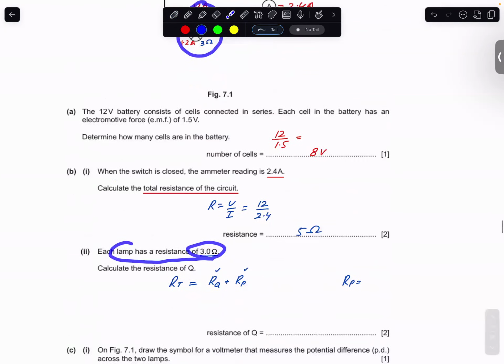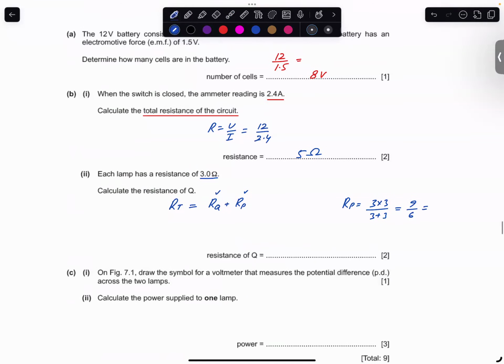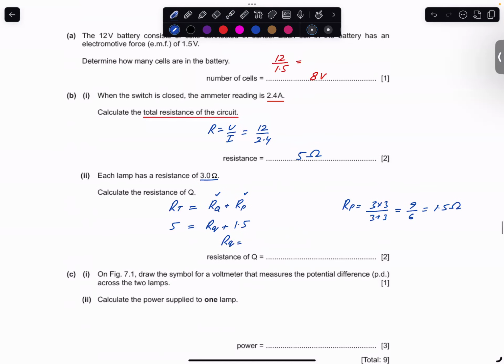So we can find the combined resistance using the formula: 3 multiplied by 3 over 3 plus 3, so 9 divided by 6, which is equal to 1.5 ohm. The total resistance of the circuit we already found, that is 5. So here I will put the value 5. RQ is unknown and RP is 1.5. After rearranging this equation, the resistance of the Q will be equal to 5 minus 1.5, that is 3.5 ohm.